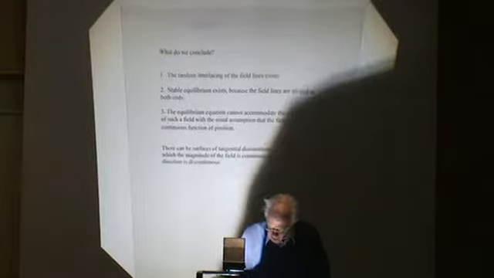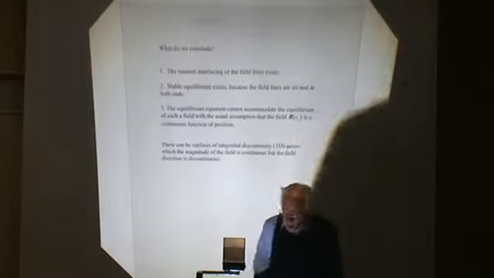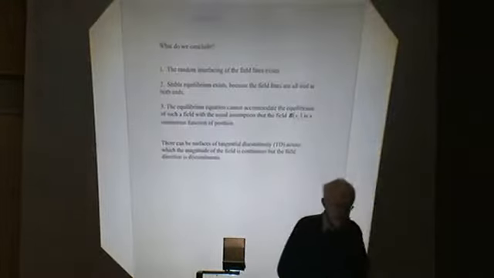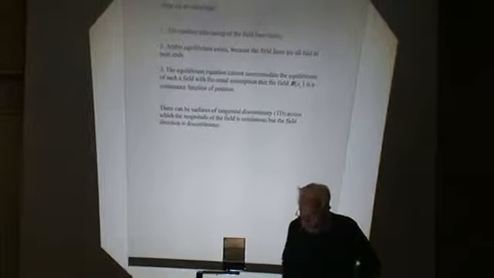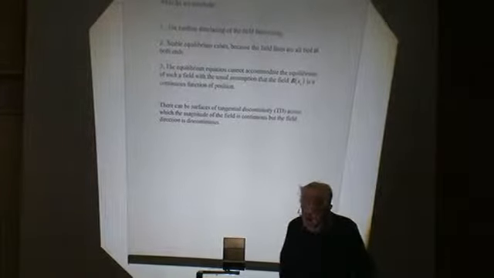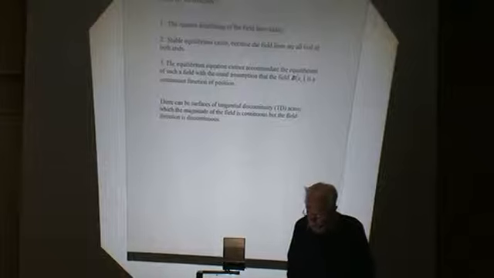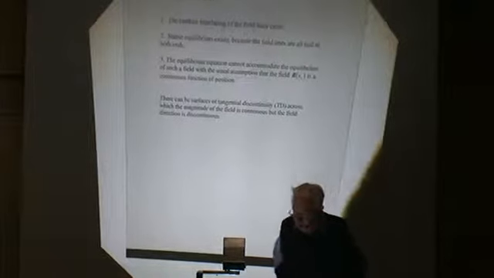And just let me emphasize the predicament in which we find ourselves. Random interlacing of the field lines exists. It's a mechanical operation. I can do it. I know that a stable equilibrium exists because the field lines are tied at both ends, and yet the equilibrium equation cannot accommodate them. And so we think of tangential discontinuities.